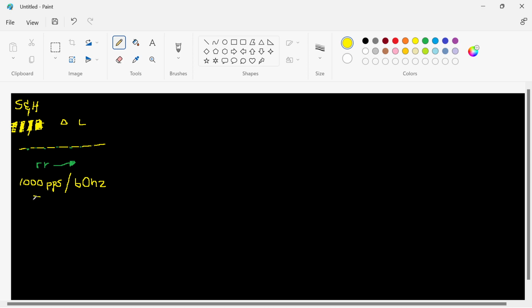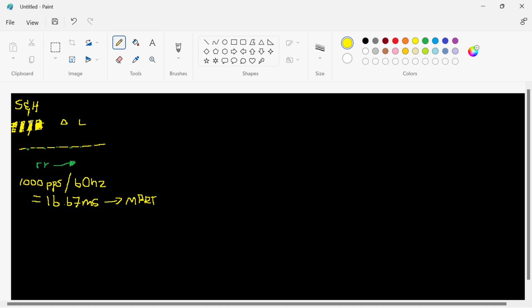So we're going to throw that in a calculator. 1000 divided by 60 is equal to 16.67 milliseconds of something called MPRT, motion picture response time. And this is kind of like how long a pixel is continuously visible for.